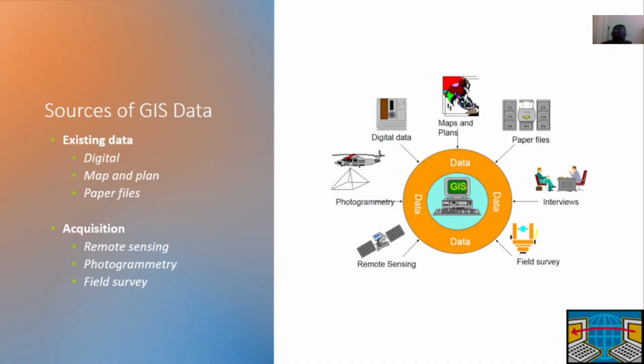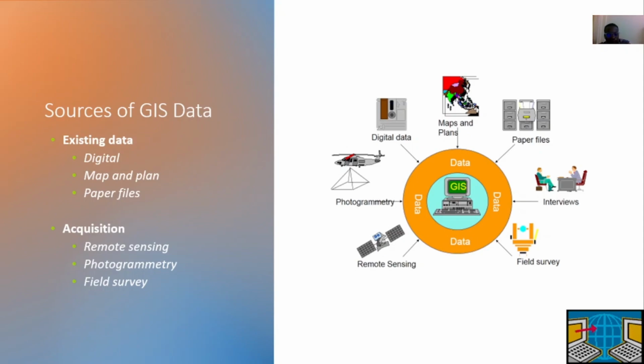GIS data can be captured from existing data, and we can also acquire GIS data. An existing data source becomes secondary data, whereas acquired data becomes primary data. Existing data can come from digital maps, paper files, and other sources.